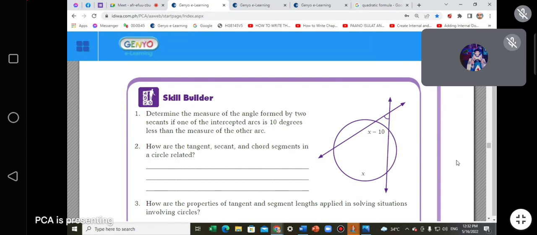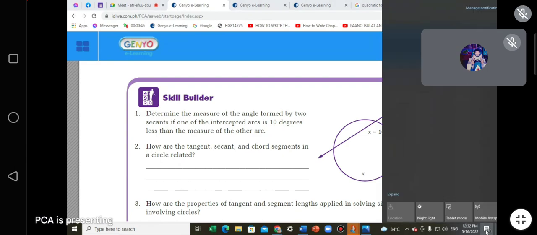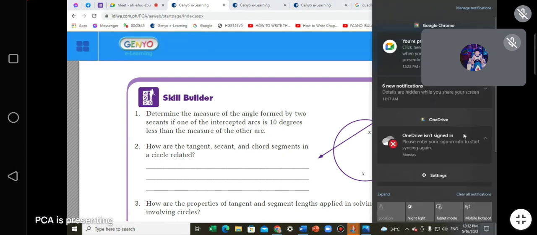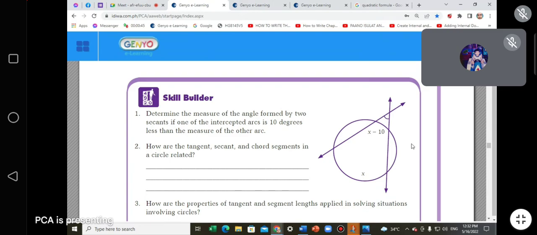Dali lang po. Ano ba itong meeting tool na to? Bakit ayaw mag-work? Windows, Shift, S. Again, Windows, Shift, S. I think mayroong problema ito.